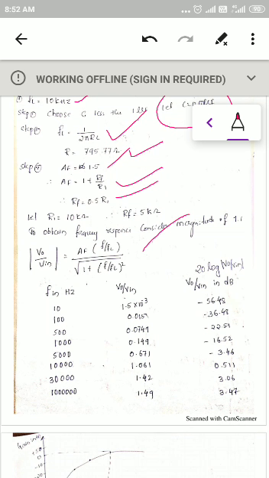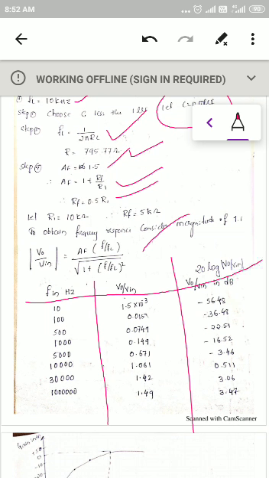Now make a table with 3 columns. The first column is F, the second is the magnitude of V0 divided by Vin, and the third is 20 log of this magnitude, that is V0 by Vin in terms of dB.